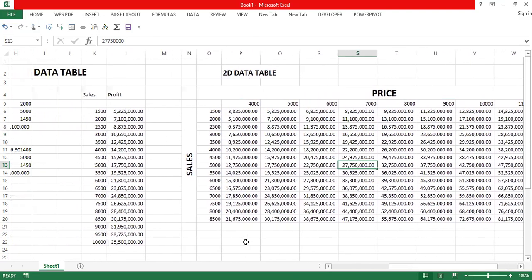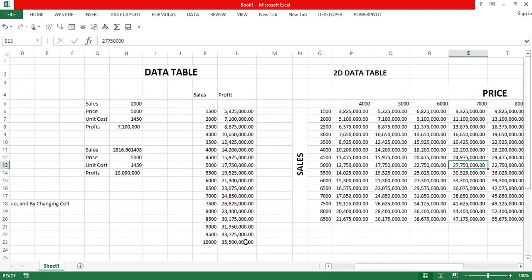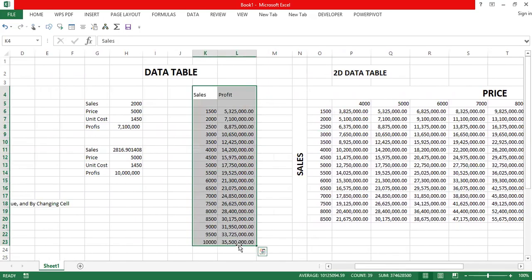Now, in all of this, there's still a constant, right? In this data table, what were the constants? This 7.1 million. What were the constants? Sales is a variable, and profit is a variable.